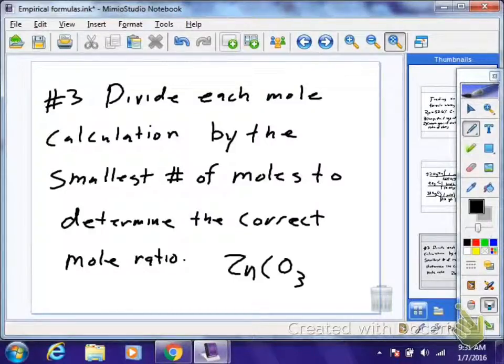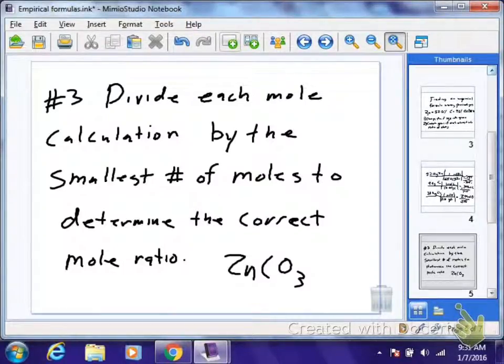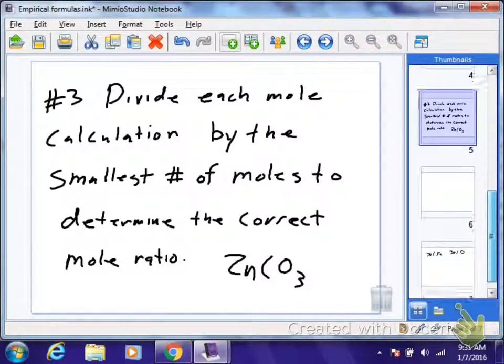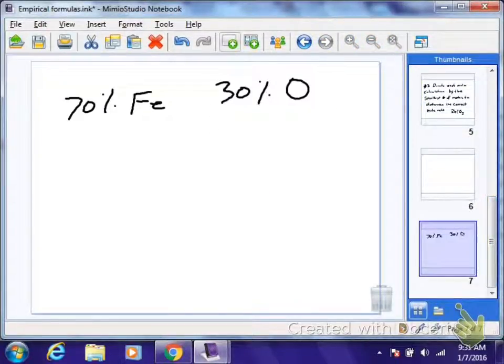Sometimes you can't stop there because it's not close enough to whole numbers to make that ratio. So the one I'm going to have you do is 70% iron and 30% oxygen. Do the same steps, 1, 2, and 3. Do those.